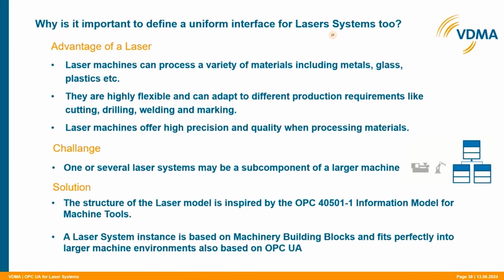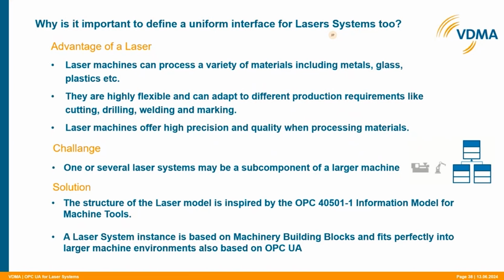And one challenge is that usually the laser is integrated as a subsystem in machine tools, or in larger machines, or even in inline housings. And the obvious solution for this is to use the OPC UA information model for machine tools, as we have seen it, and we see what it means.